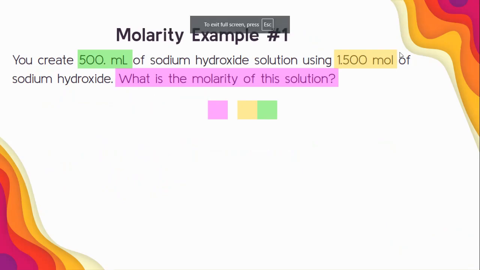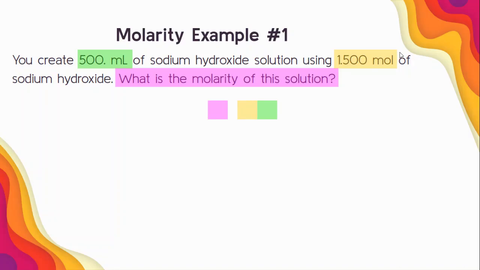So for our first example problem, which is in your practice packet for Unit 6, so you can do it along with me, the problem says that you create 500 milliliters of sodium hydroxide solution using 1.500 moles of sodium hydroxide. What is the molarity of this solution? I'm color coordinating everything so that you can see exactly where these numbers are coming from and where they're going in the equation.